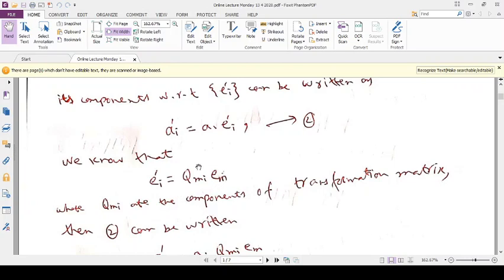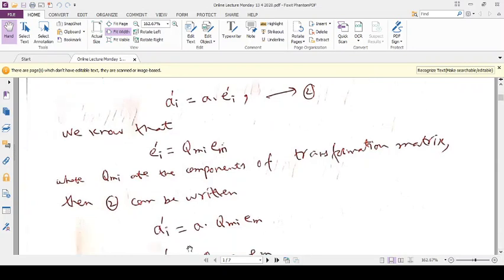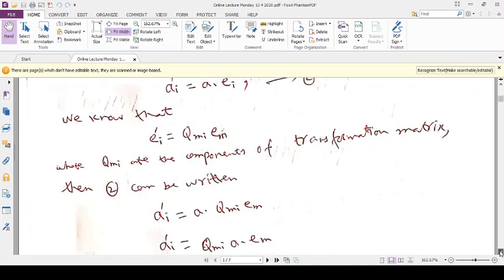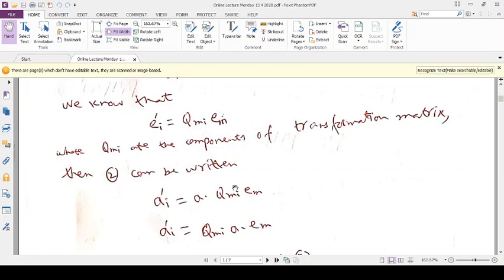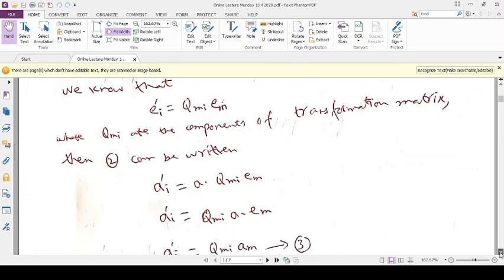Then simply use this e_i dash in equation number 2. Equation 2 will be written as A_i dash equals A dot Q_mi e_m. As Q_mi are simple scalar numbers, we can write them outside. Then we have A_i dash simply equal to Q_mi A dot e_m.